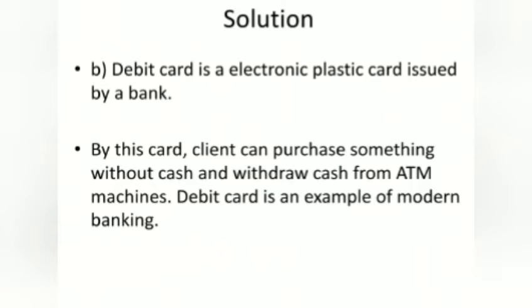Debit card is an electronic plastic card issued by a bank. By this card, clients can purchase something without cash and withdraw cash from ATM machines. Debit card is an example of modern banking as well as electronic banking.